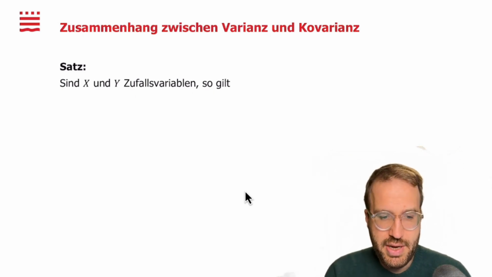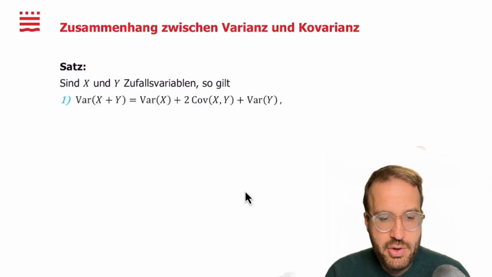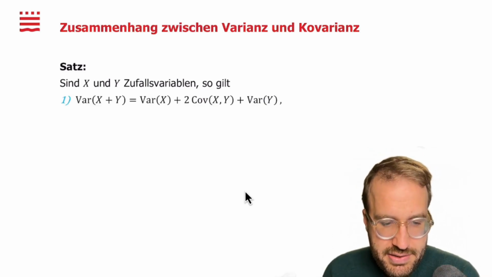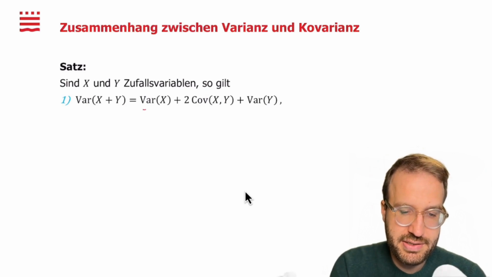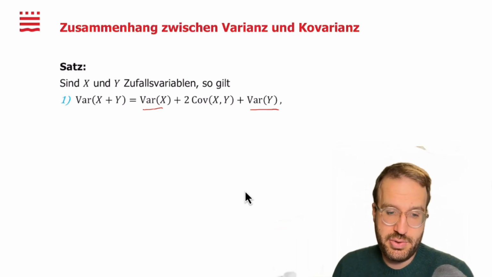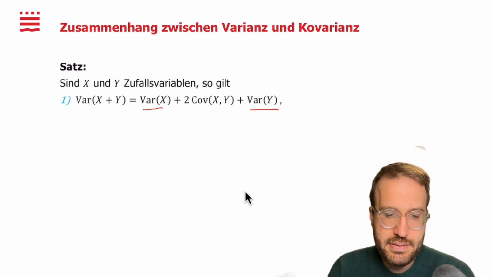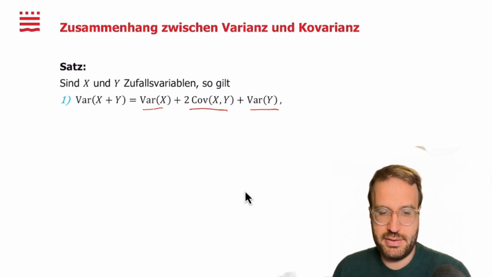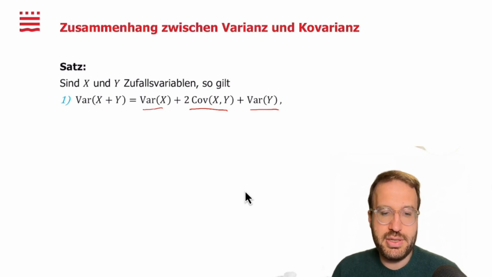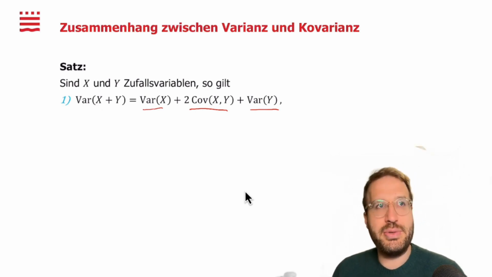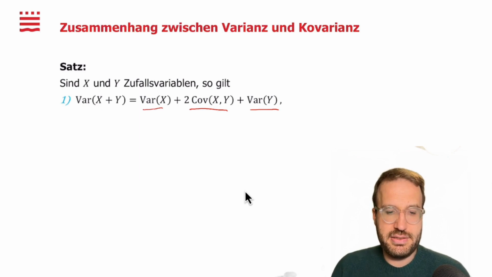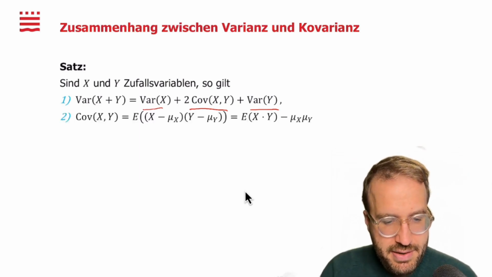We have again two random variables, X and Y, and the following holds: the variance of X plus Y is the variance of X plus the variance of Y, and then there is an additional term, which is twice the covariance of X and Y. That means the covariance is, so to speak, the error we make when we consider how much it deviates from the variance of X plus the variance of Y.